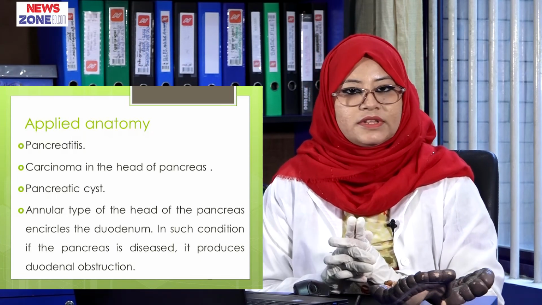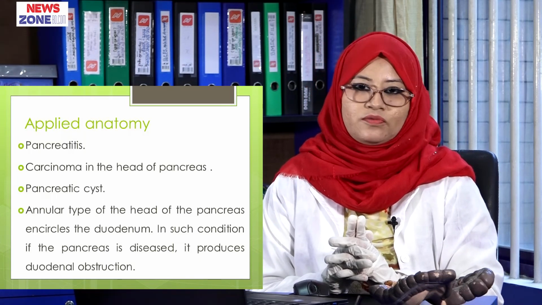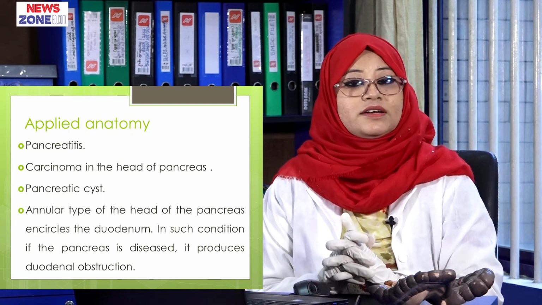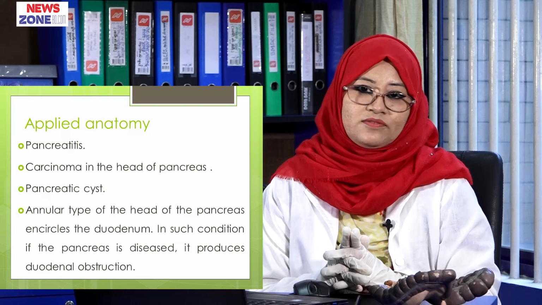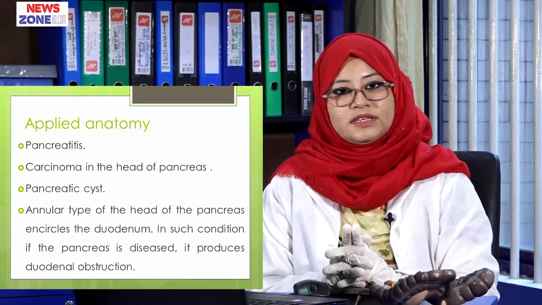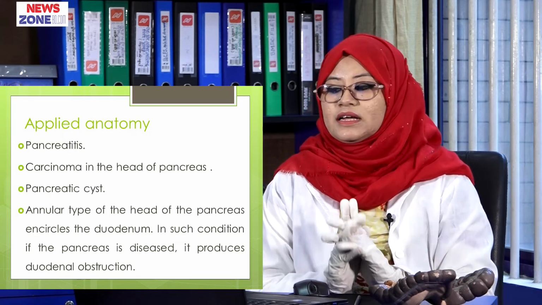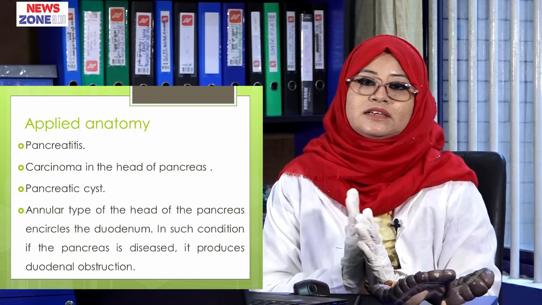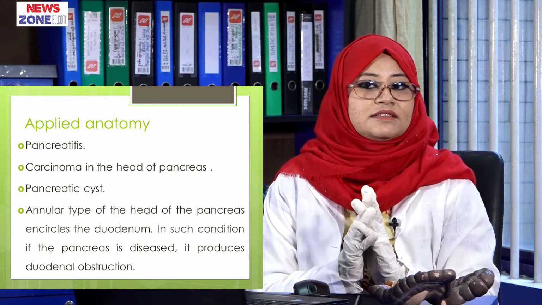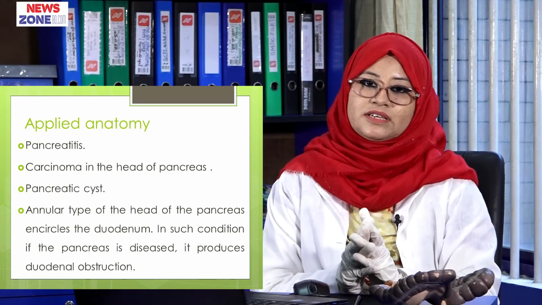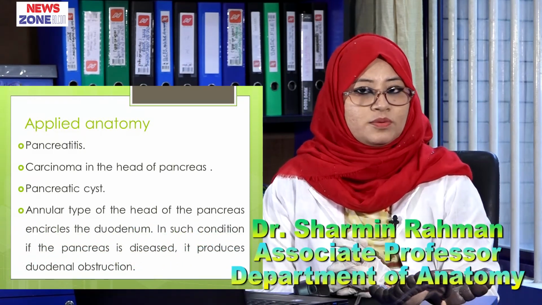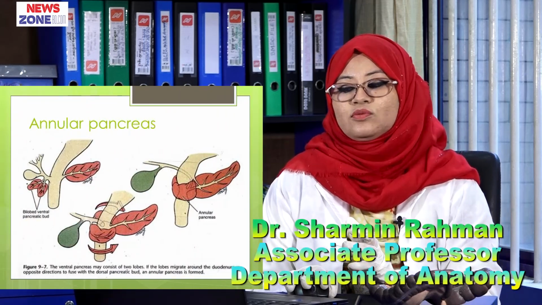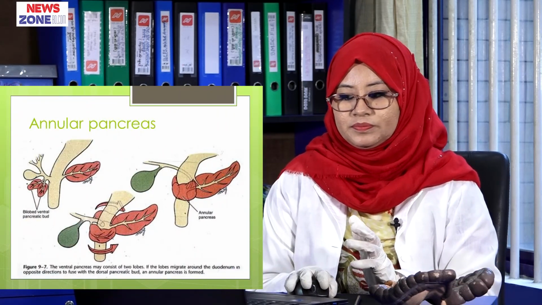And there may also be carcinoma of the head of the pancreas, pancreatic cyst, and a developmental anomaly may develop, that is known as annular pancreas, where the head of the pancreas encircles the duodenum, and in this situation, if that pancreas is diseased, then it produces duodenal obstruction. This is the annular type of pancreas.